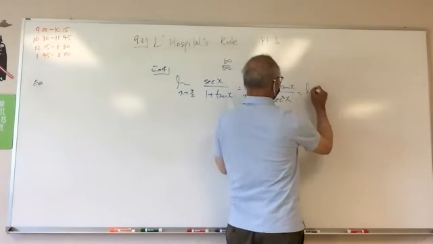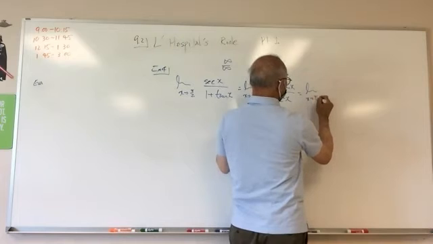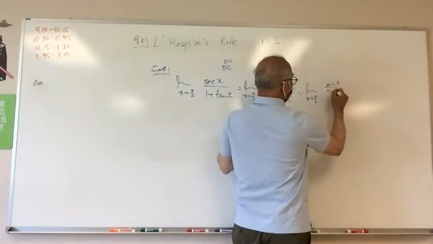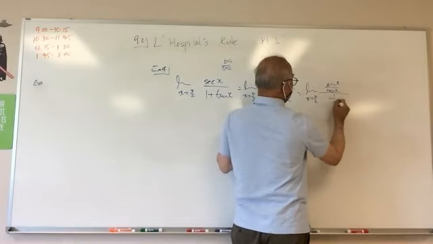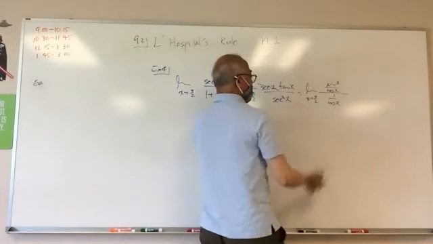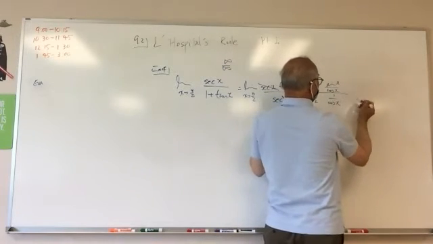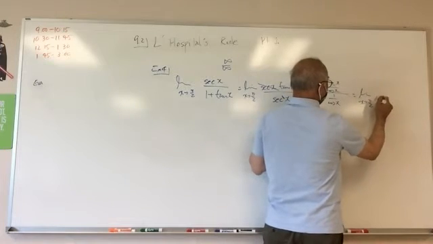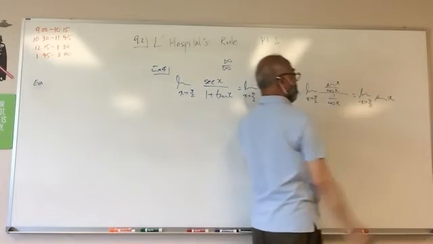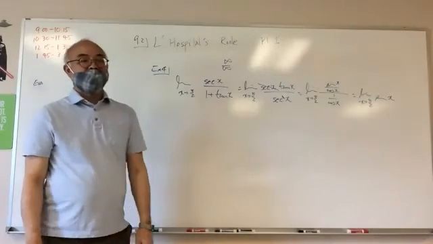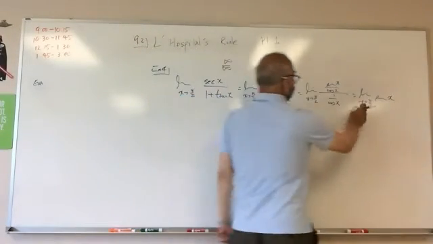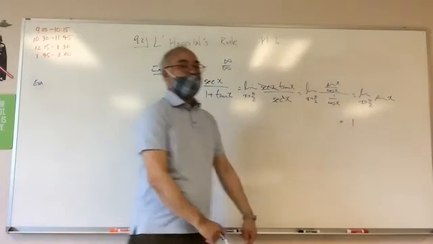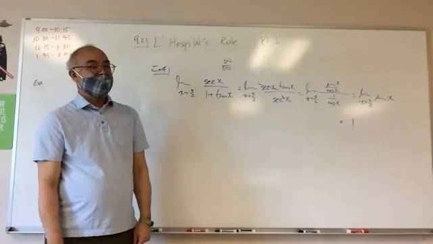I have sine x over cosine x times cosine x over 1, which is basically the limit of sine x. When x goes to pi over 2, sine of pi over 2 is 1. So the answer is 1.